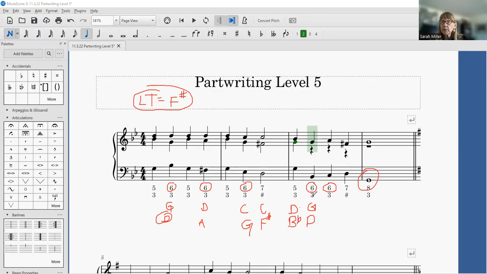We could leave out the D. We could stay on G if we wanted to. I'm going to hold that thought and figure out what's going to be happening here. All of these notes are going to move up one, right? Because this note moves up one. So G would go to A, as it does, and D would go to E flat. So we have the A. We'd probably like the E flat, wouldn't we?